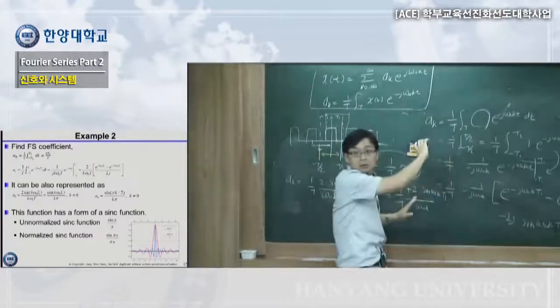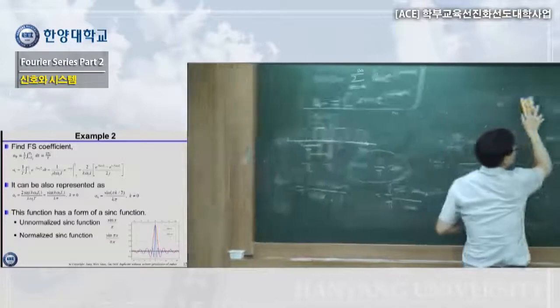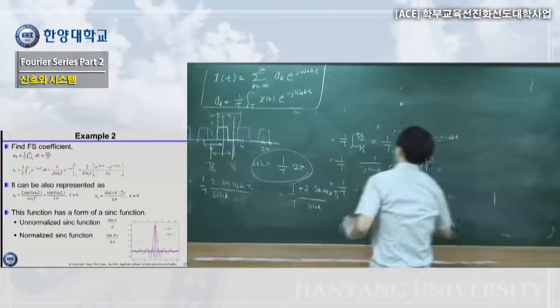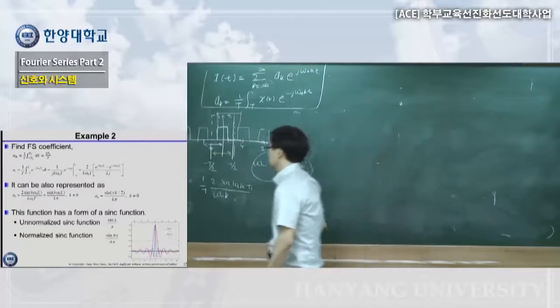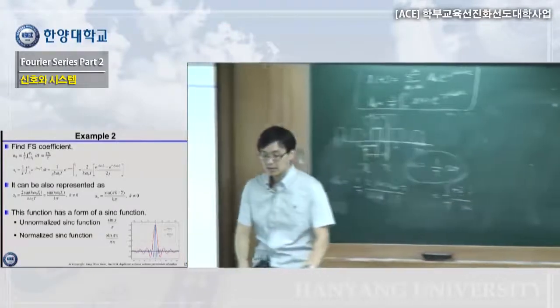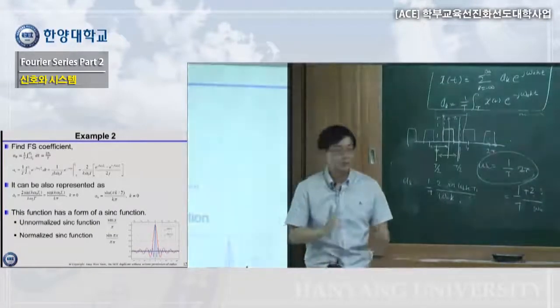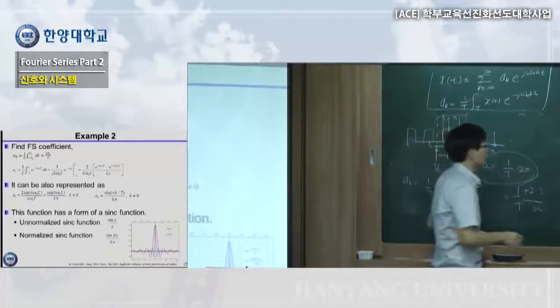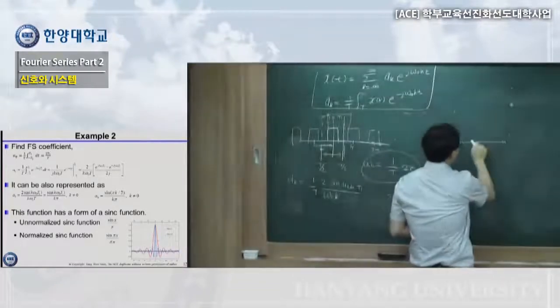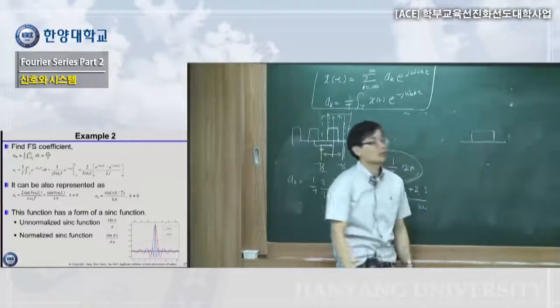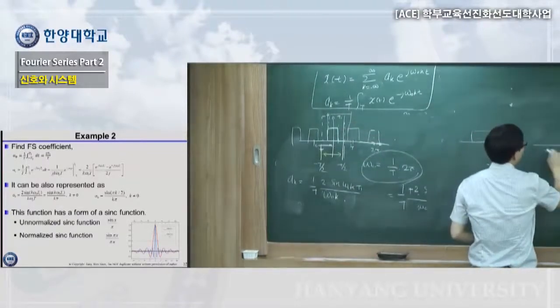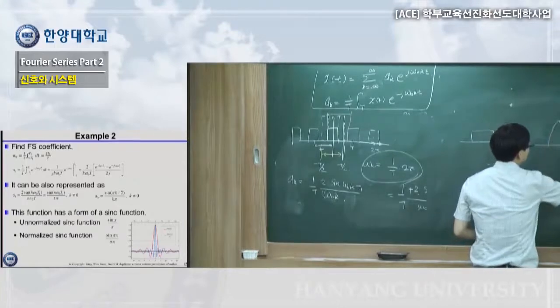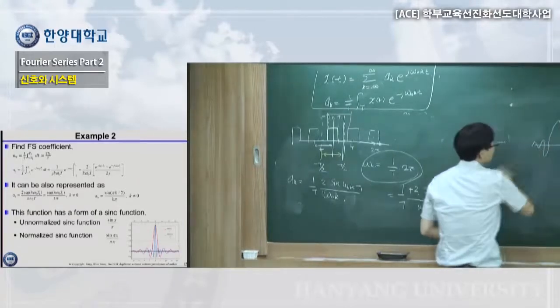Can I erase it? The reason that I use this equation is we have a form that we mentioned before. We said there is a square wave in the time domain, and in the frequency domain it will look something like this.